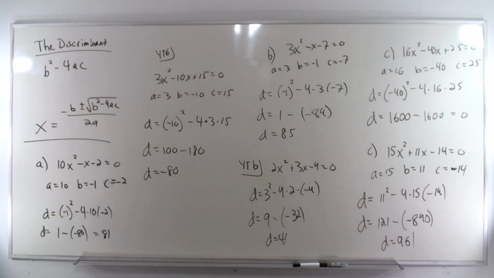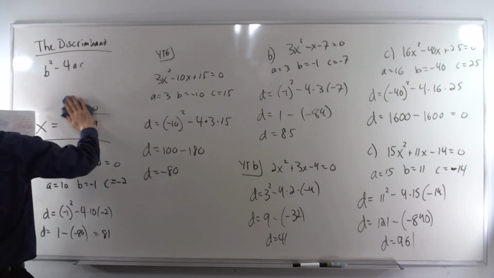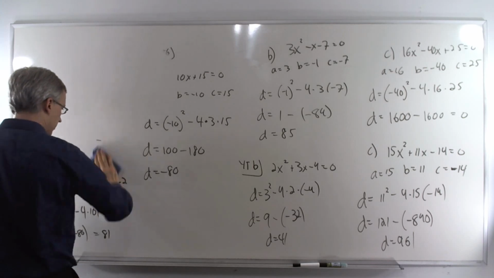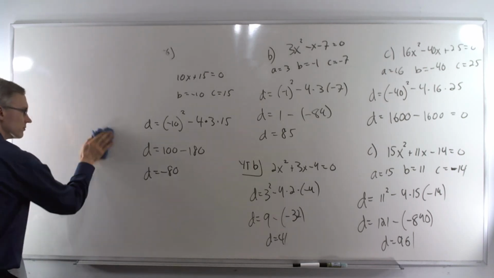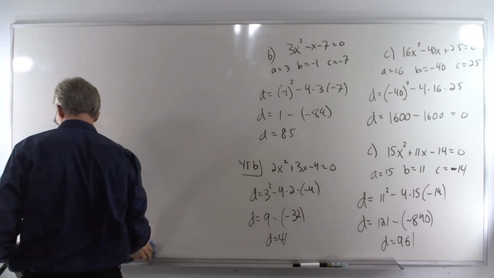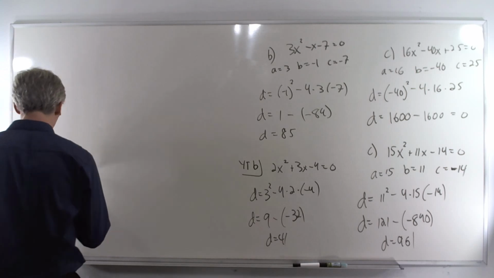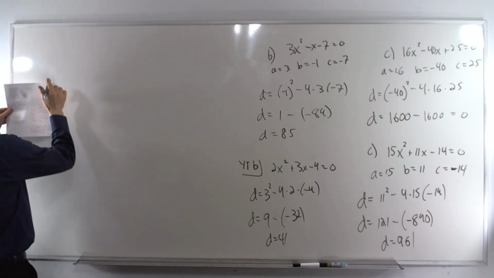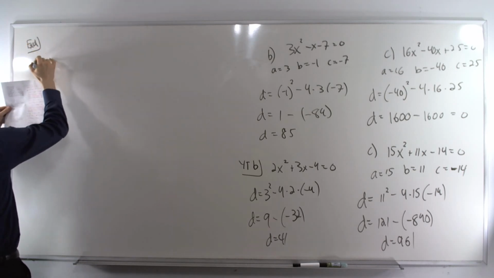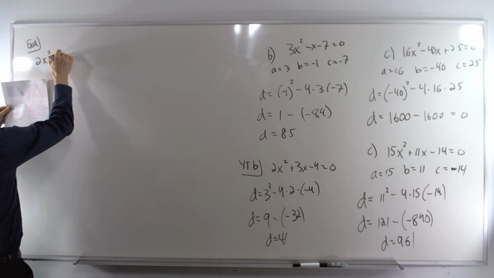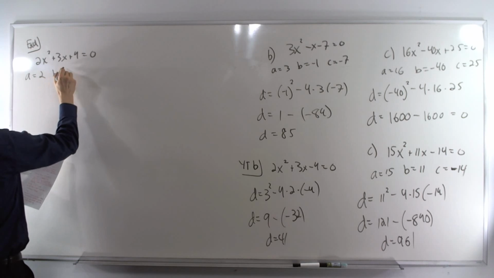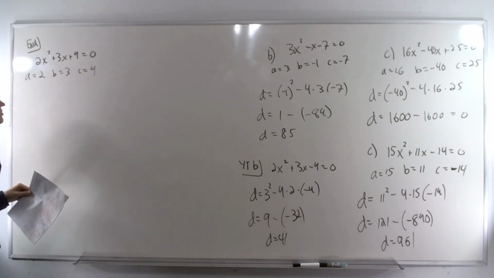Alright. Example part D. 2x squared plus 3x plus 4 equals 0. So A is 2, B is 3, C is 4.